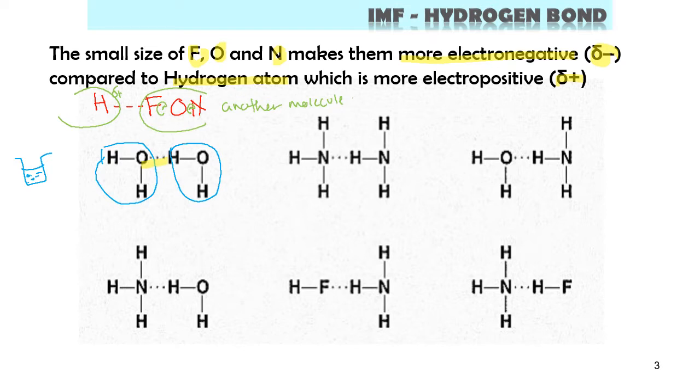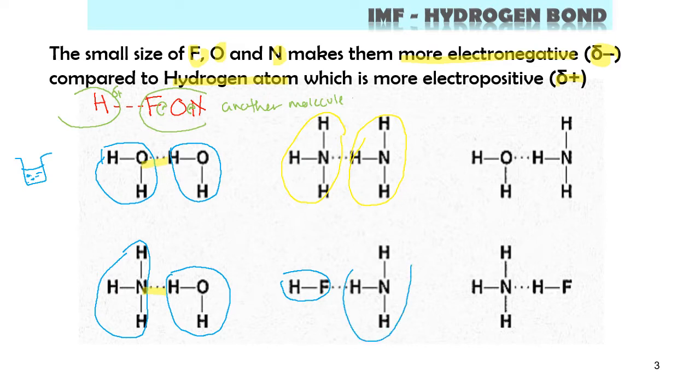Okay, like this, the same molecule NH3 with another NH3 molecule, or it can be between one NH3 molecule with a water molecule. Okay, so this can also form hydrogen bond, or it does not have to be with water, it's between, for example, hydrogen fluoride with NH3.